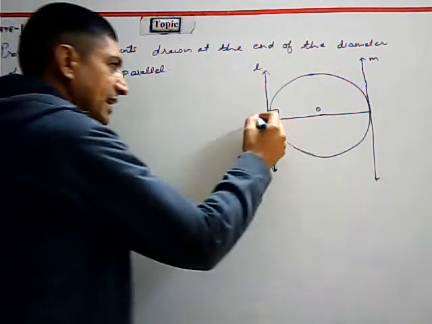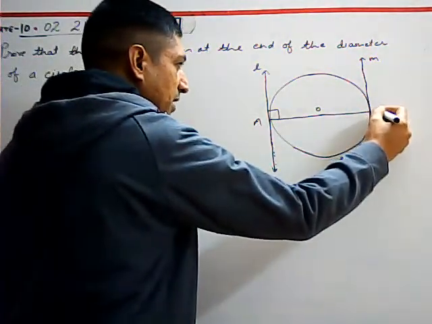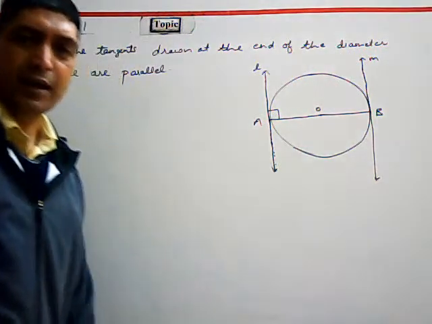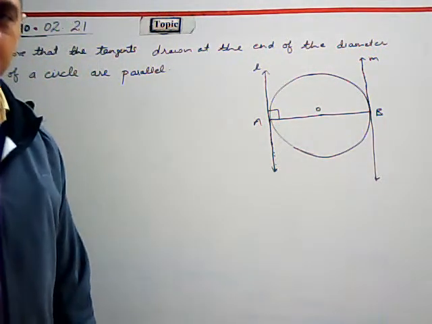This point is A and this point is B. So A and B are the points of contact.